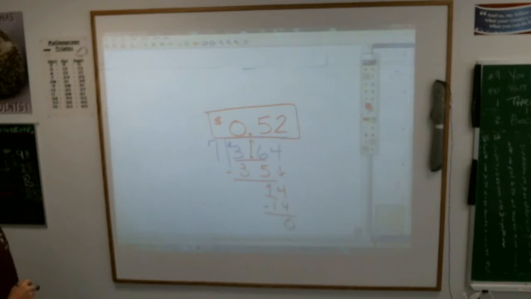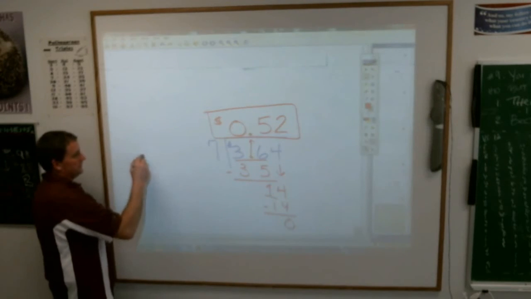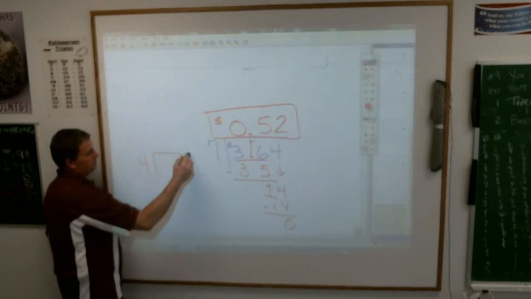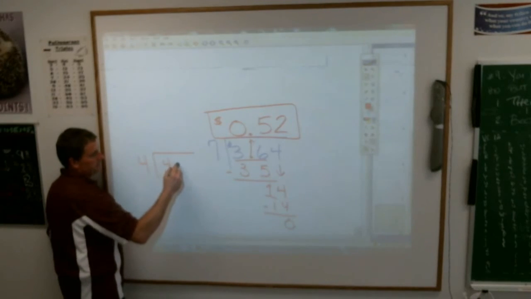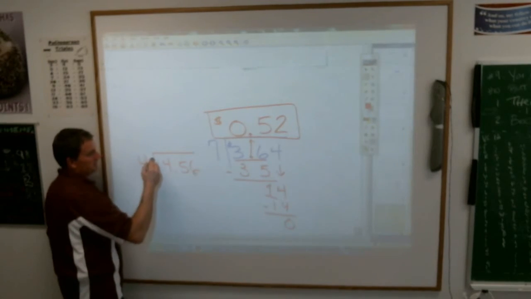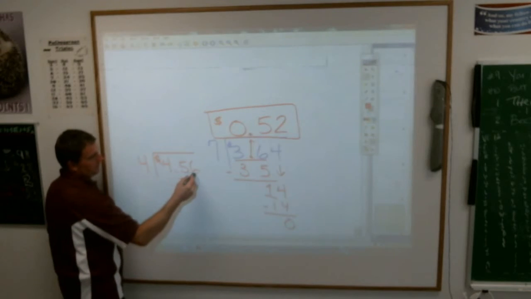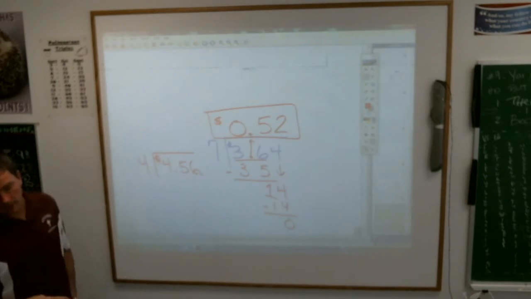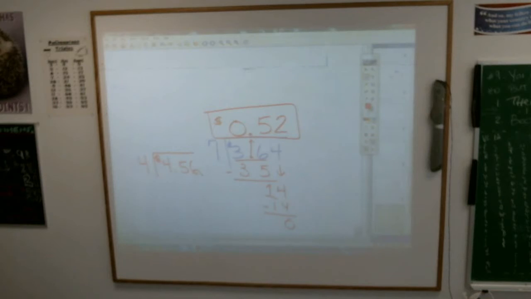One more for you to try. How about this? 4 into $4.56. I'll let you give this a roll by yourself. You have $4.56 and you split it among 4 people. How much should each person get?